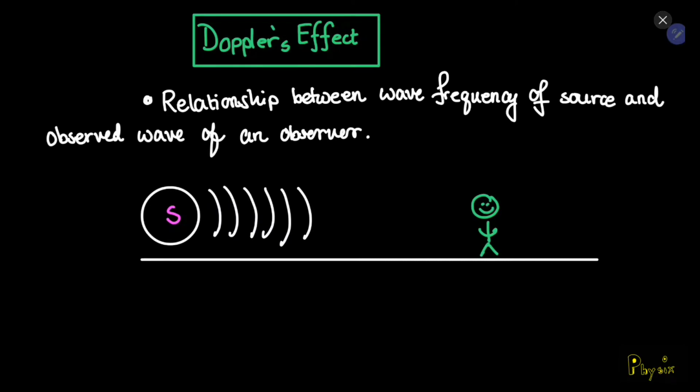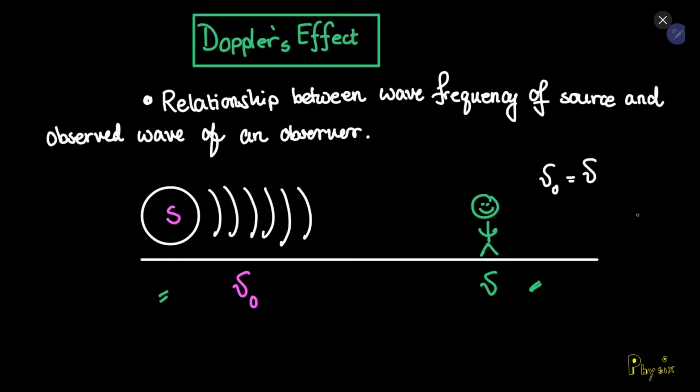Now, if an observer is standing over here, and the wave frequency of this source is termed to be nu naught, and the wave frequency that is experienced by this observer is nu, then if both of these are stationary, that is the source and the observer are stationary, then we could say that nu naught is equal to nu.